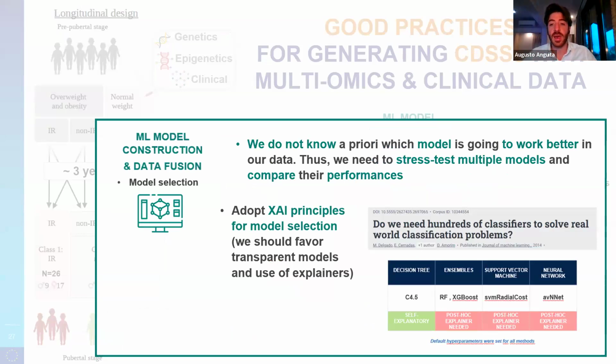We implemented a selection of models based on this paper here, comparing different types of classifiers. And we selected a final list of 5 different models that are those that I present here. And we tried to follow the SHI principles at the time of model selection.